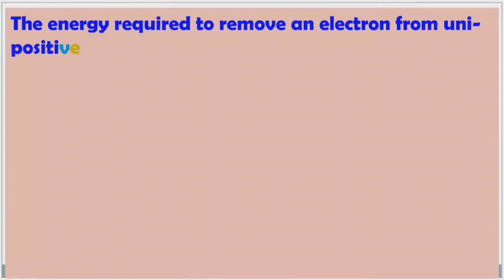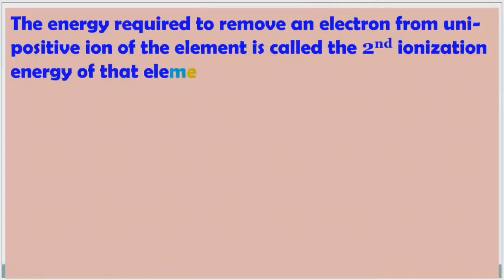The energy required to remove an electron from a unipositive ion of the element is called the second ionization energy of that element, and so on. When one electron is removed from a neutral gaseous atom, it forms a unipositive ion.